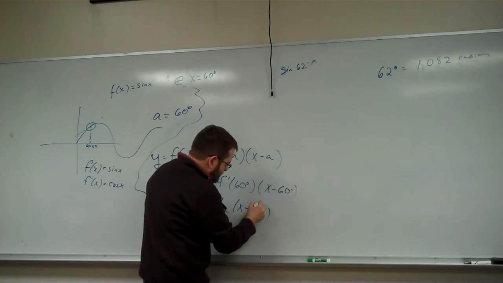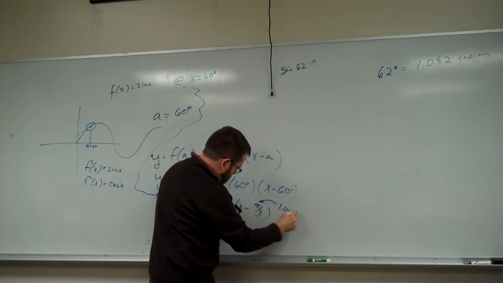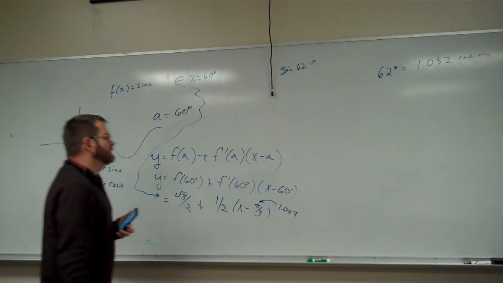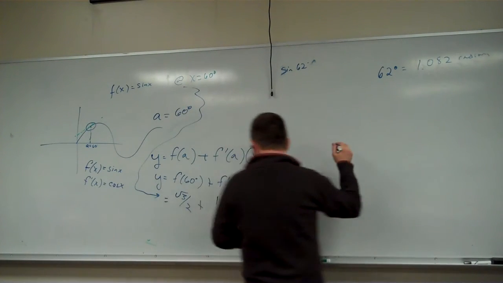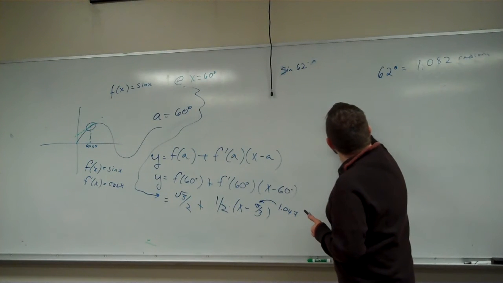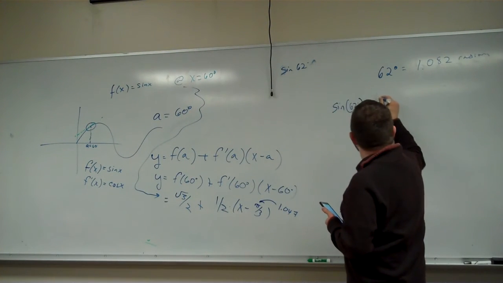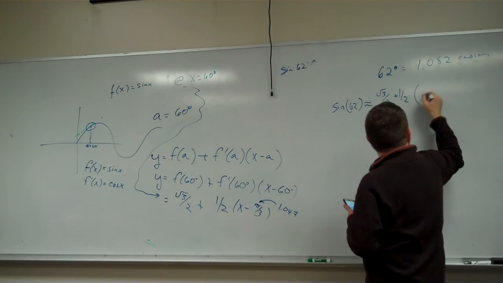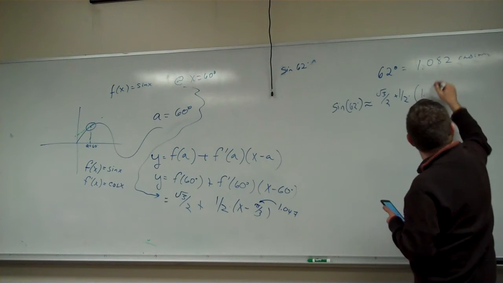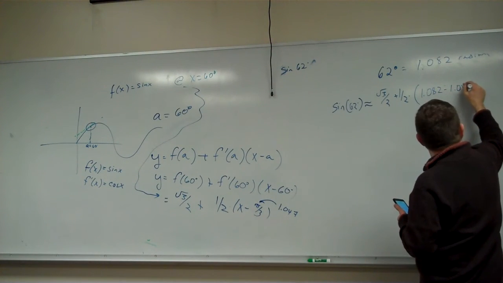The answer is approximately 1.047. Close enough. All right, so the sine of 62 degrees is going to be well approximated by the square root of 3 over 2 plus 1/2 times the difference between 62 degrees in radians and pi over 3 in radians.